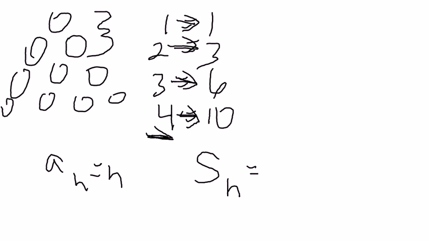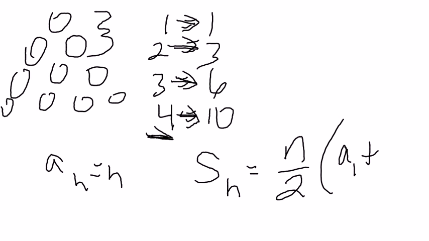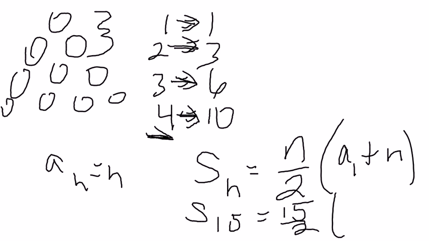We want 15. So S sub n is going to be n over 2 times the a sub 1 plus our last term. So what we do is just plug in 15 for n. So the sum of 15 cans on the bottom is going to give us 15 over 2. What's our first term? Our first term is 1, right? So it's 1 plus, what's our end? It's 15.